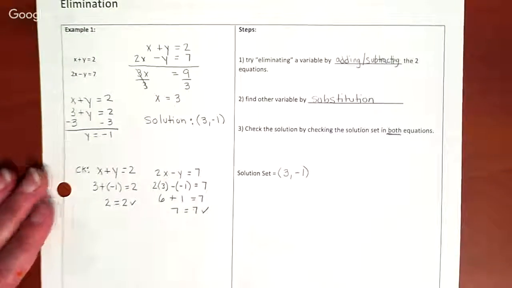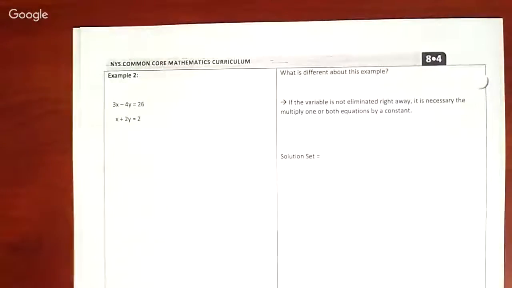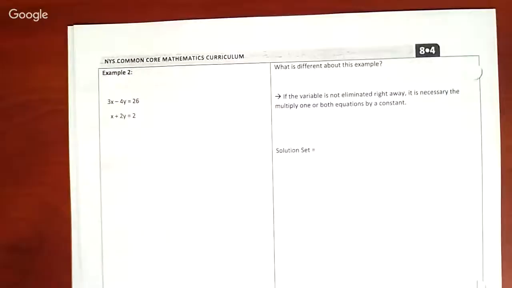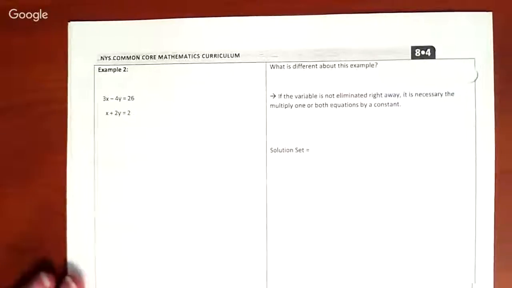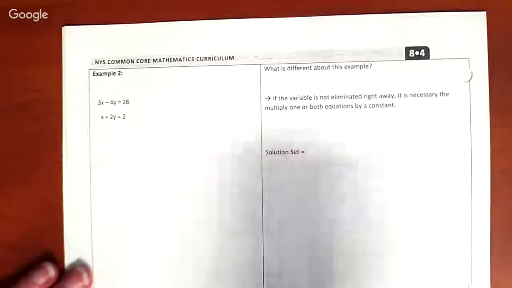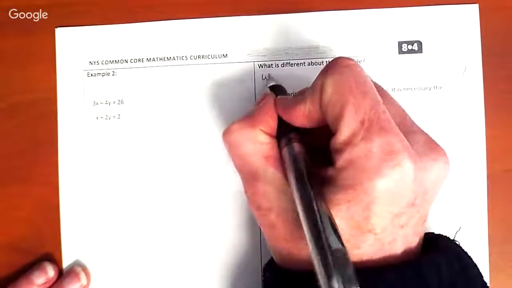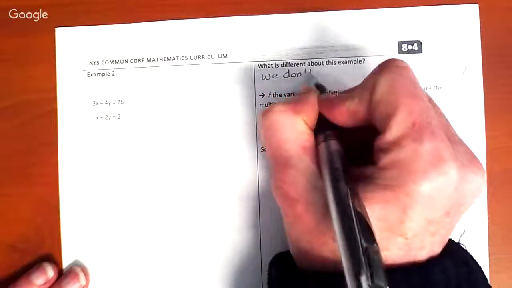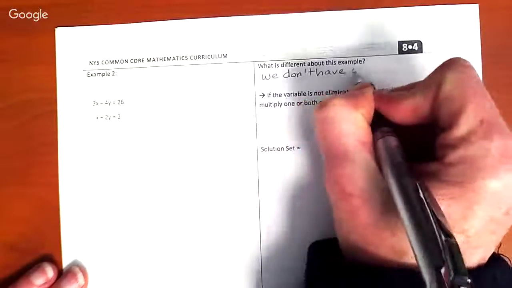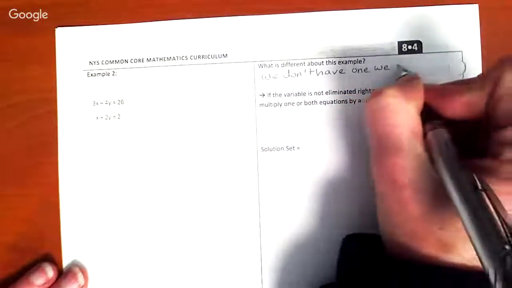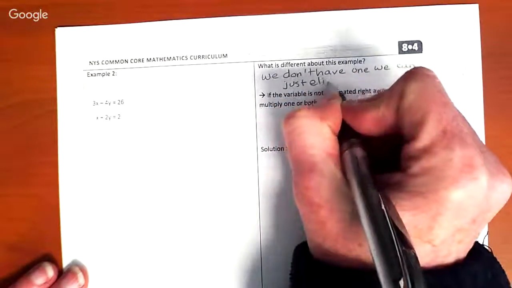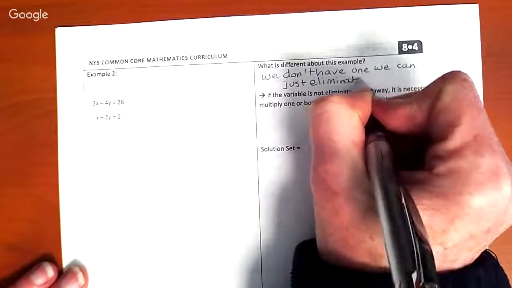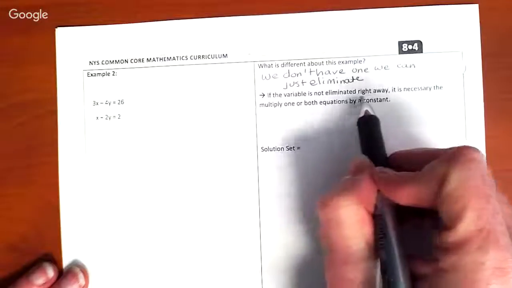Okay, next, example number 2. What's different about this example? Well, here we don't have a variable that we can just eliminate right away.